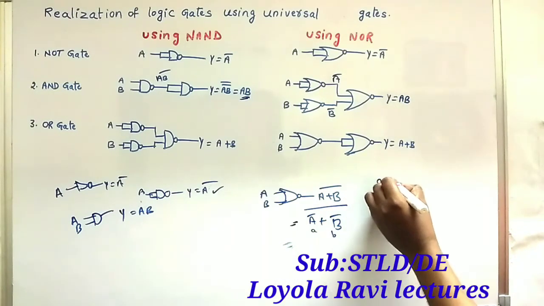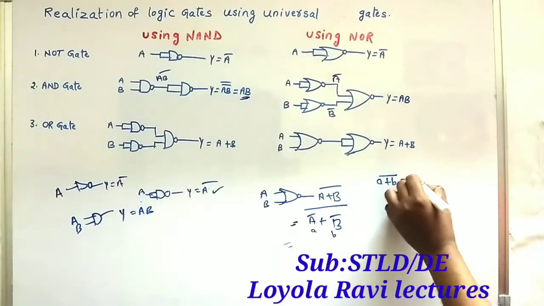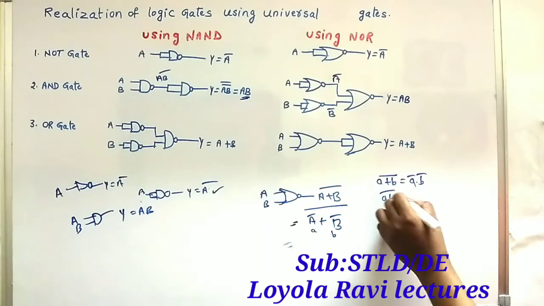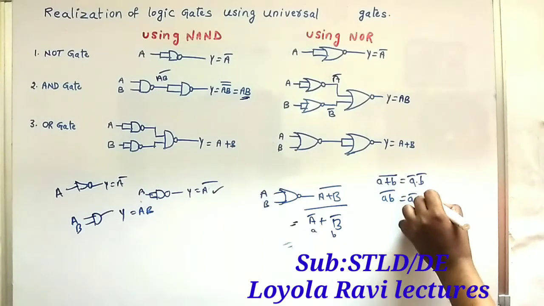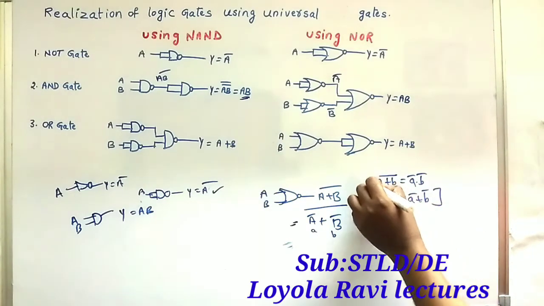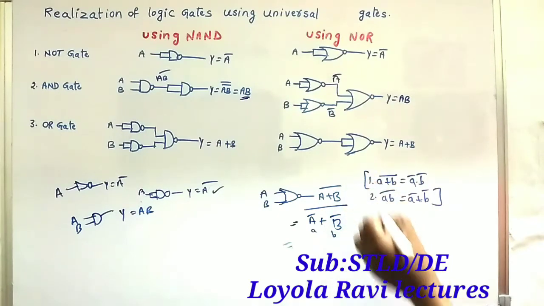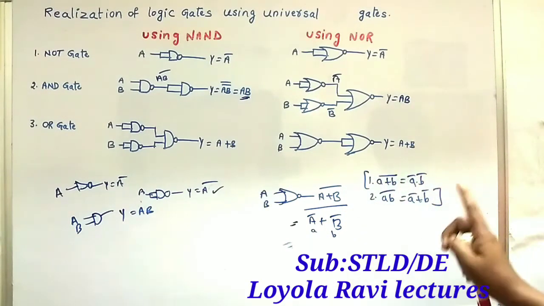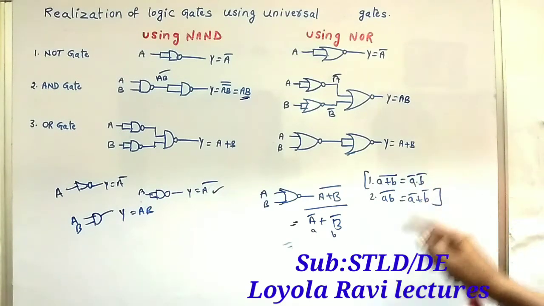We have (A plus B) whole bar is equal to A bar into B bar, and (AB) whole bar is equal to A bar plus B bar. These two are De Morgan's laws. So here I am using the (A plus B) whole bar formula, A bar into B bar.